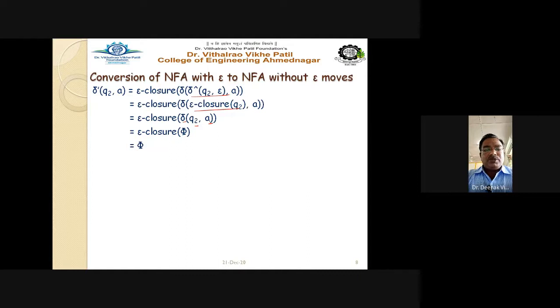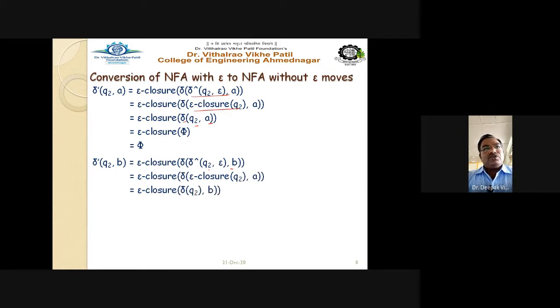Now take the other input, that is B, and the state is Q2 itself. So Q2 on B: epsilon closure of delta cap Q2 comma epsilon comma B is equal to epsilon closure of delta of epsilon closure Q2 comma B. Epsilon closure of Q2 is nothing but your Q2 itself, and we have to find out delta Q2 B. Is there any transition on delta Q2 B?